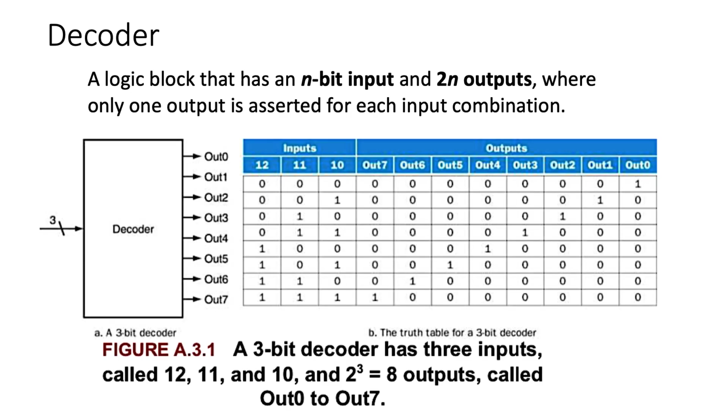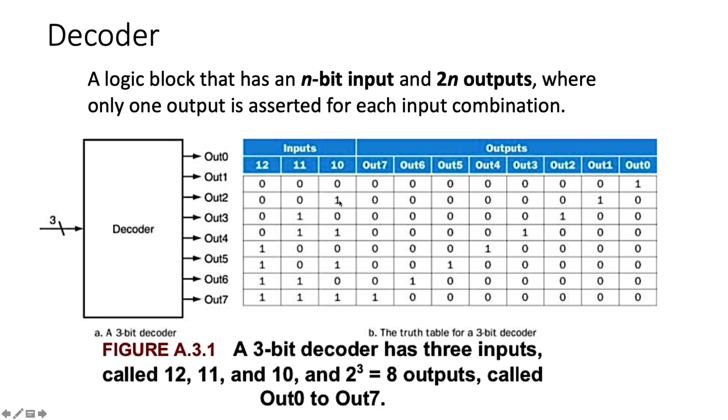So a decoder is a logic block that has an n-bit input. In this case, it has a 3-bit input, and it's going to output 2 to the power of n lines. We call it decoding the input. So that's your 3-bit input, I2, I1, I0. By each of those inputs, you're going to decode one option from the 8 options of the output.